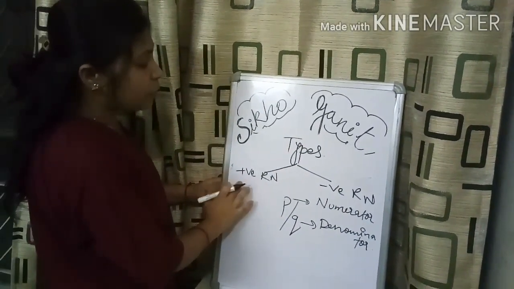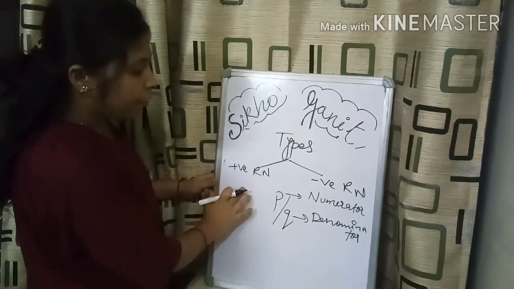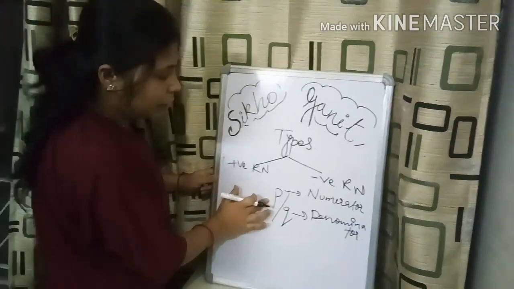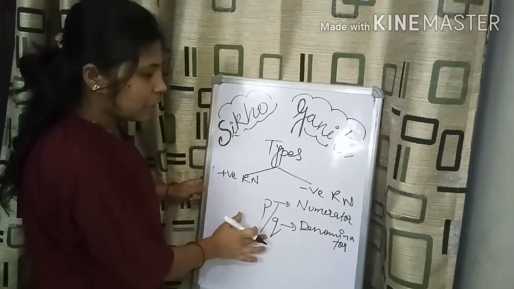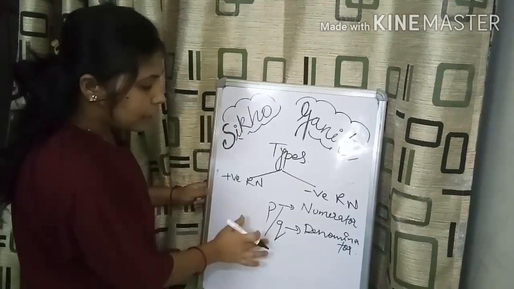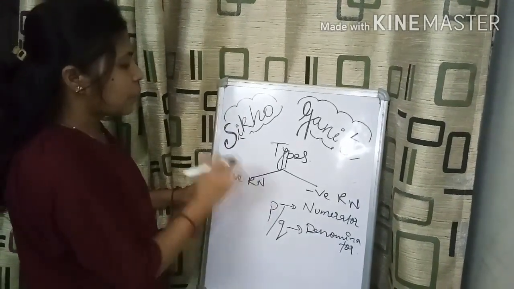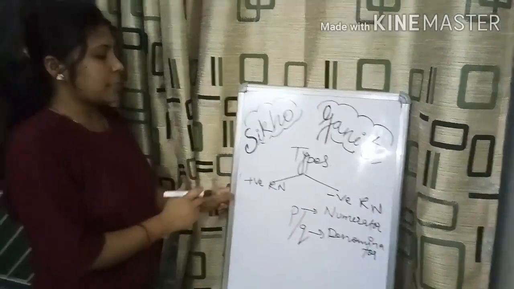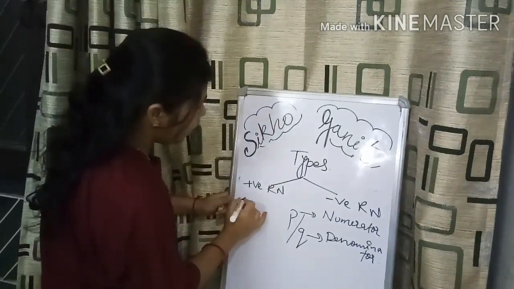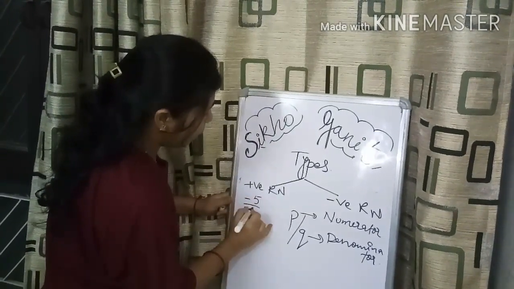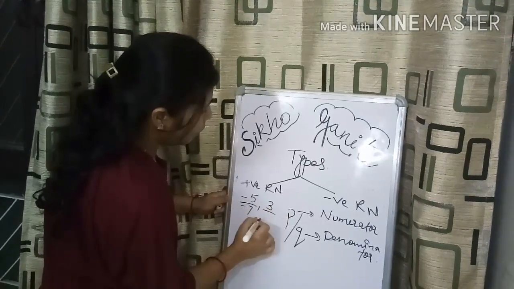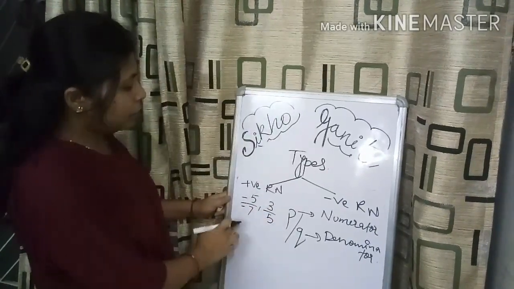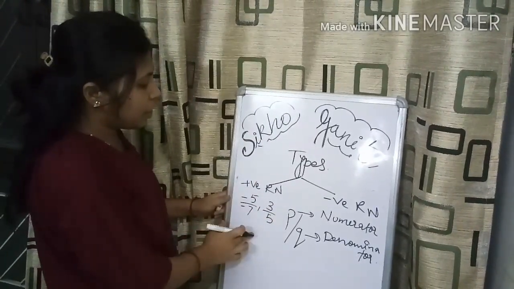So what is positive rational number? If the sign of numerator as well as denominator both are same, then such type of rational numbers are known as positive rational number. As for example, -5 upon -7, 3 upon 5. These are the examples of positive rational number.